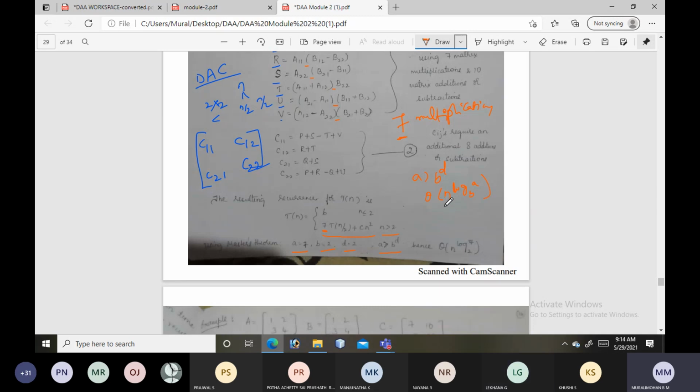So what do we have now? b is 2 and a is 7. So n power log 7 base 2. What will we get for log 7 base 2?